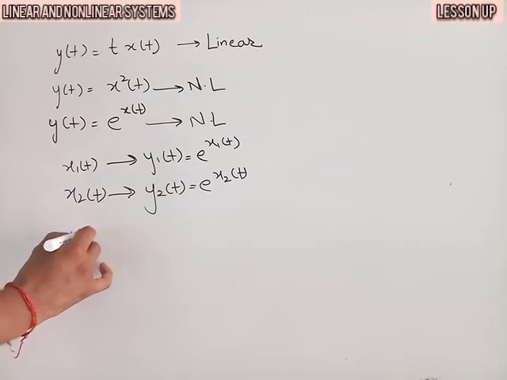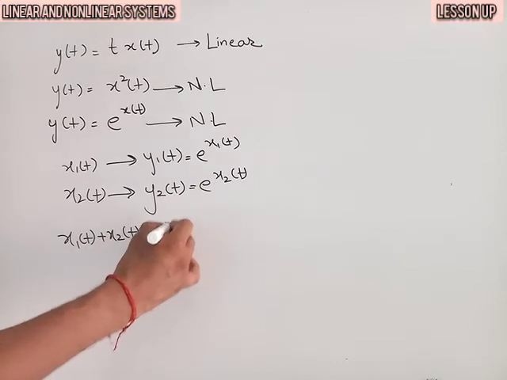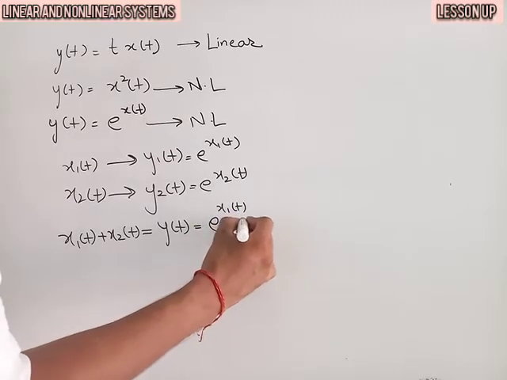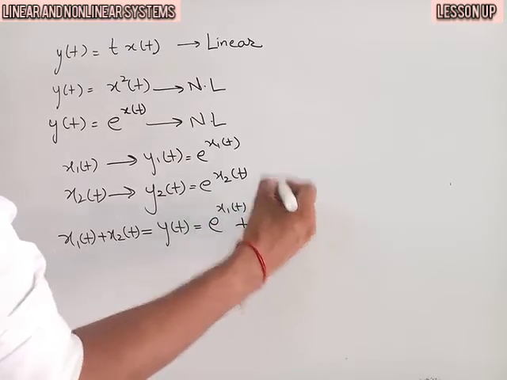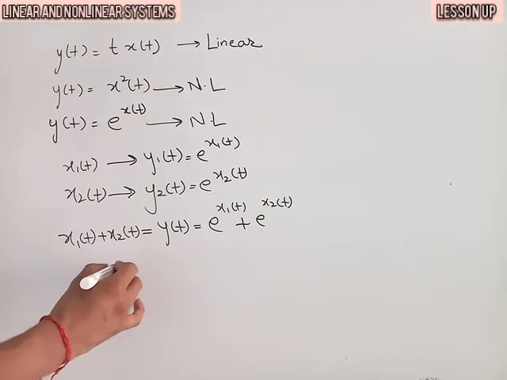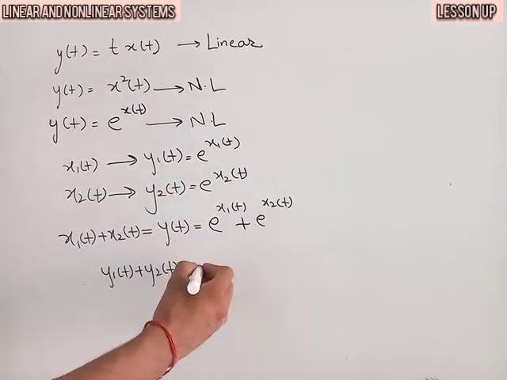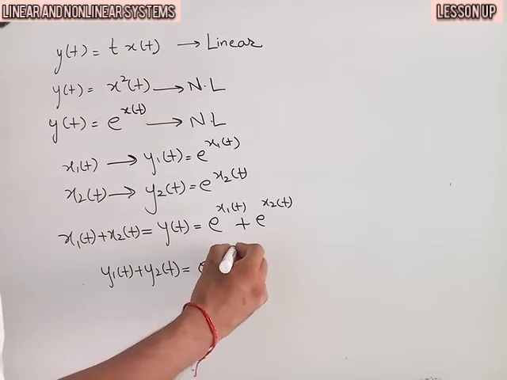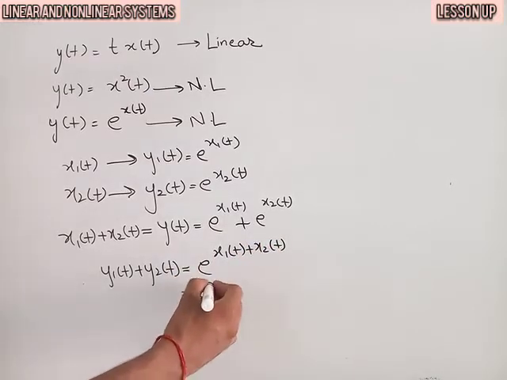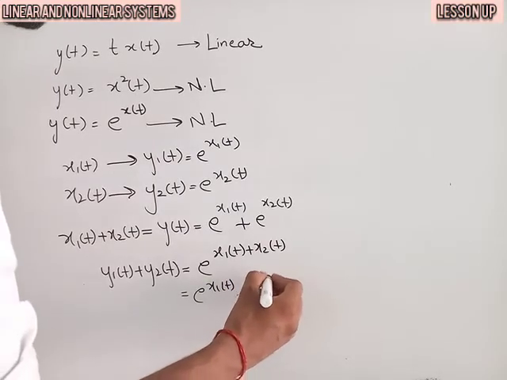And with x1 of t plus x2 of t, we will get y of t equal to e to the power x1 of t plus x2 of t. If we add the outputs of the individual inputs, we will get y1 of t plus y2 of t, which is e to the power x1 of t into e to the power x2 of t.